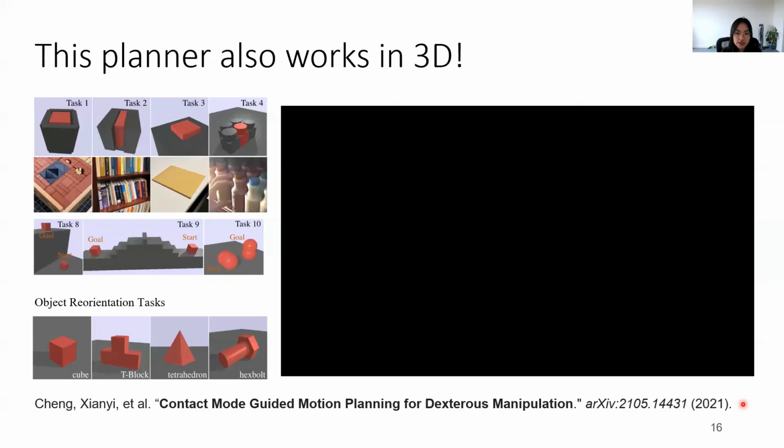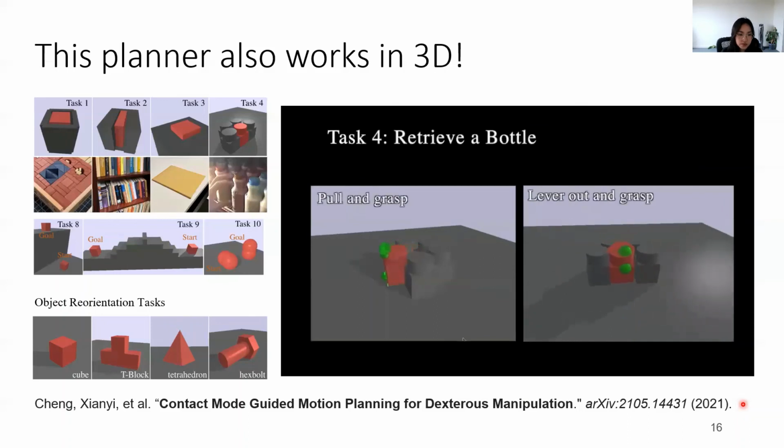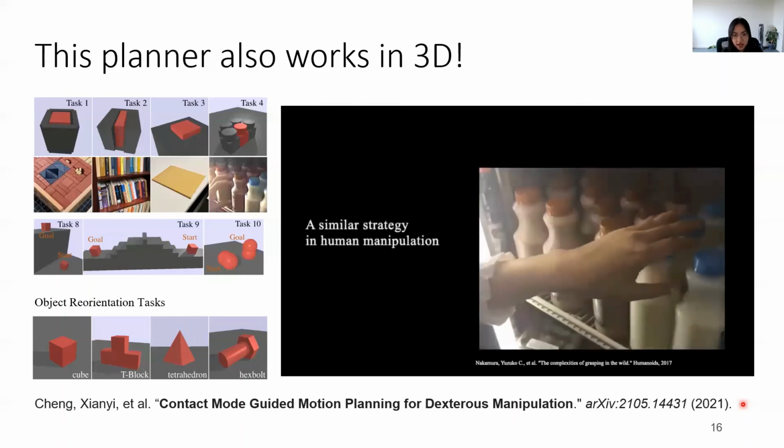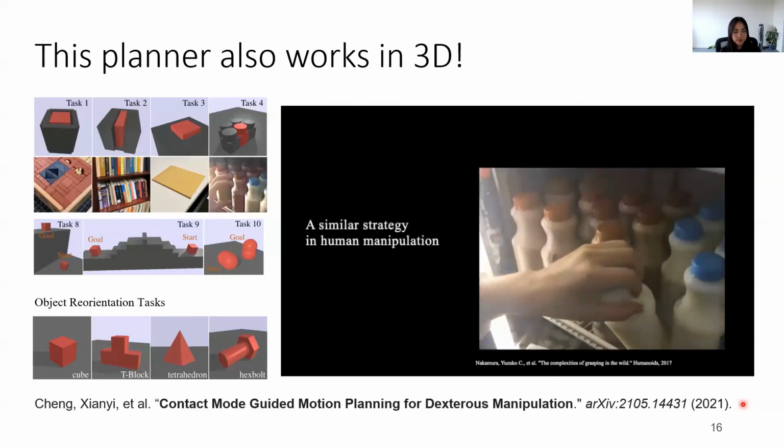And if you are interested in our 3D formulation, please check out our paper, Contact Mode Guided Motion Planning for Dexterous Manipulation, and it's on arXiv now.